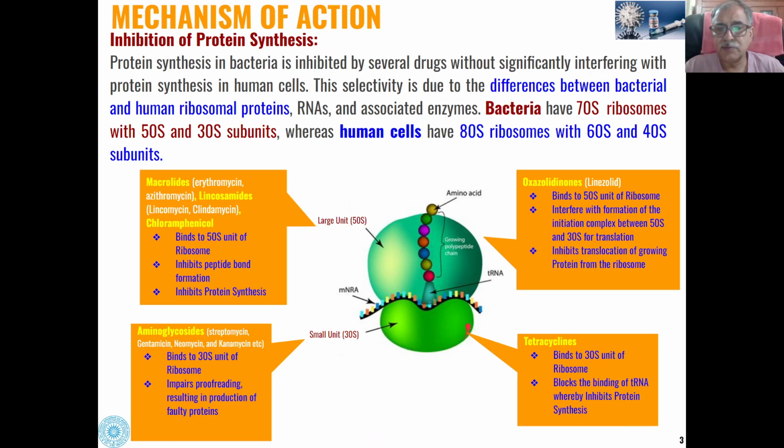Whereas in human cells, we call the ribosomes 80S ribosomes, and here the larger subunit is the 60S subunit and the smaller subunit is the 40S subunit.